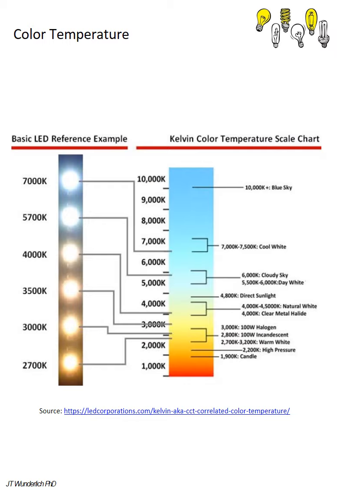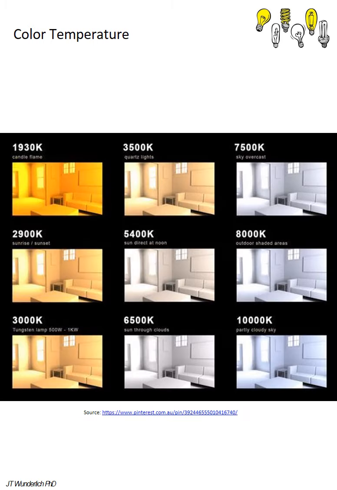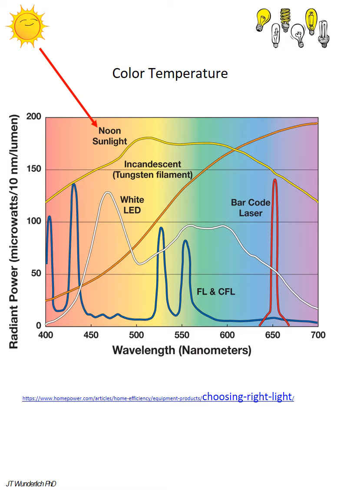Another graph showing some more details of that, and more details, giving an idea of how relative temperature in Kelvin makes a difference. Also comparing color temperature with noon sunlight to the different types of fixtures that we're going to look at.